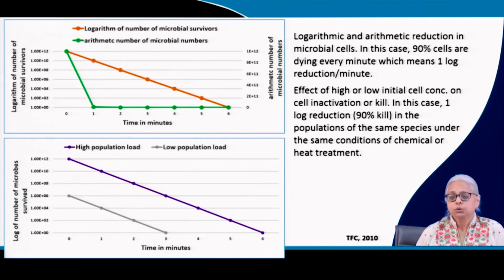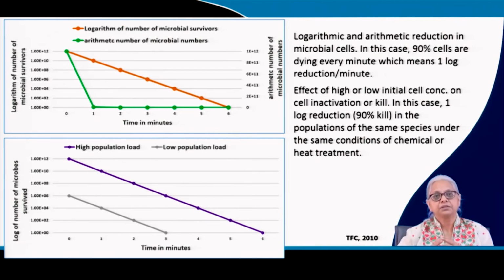Let me also talk about how we measure the destruction of microbes. So what you see over here is the reverse of what we saw in the growth lectures, and here we are looking at the log reduction in the cell count. Now, one of the parameters that is very common in the literature is decimal reduction time.